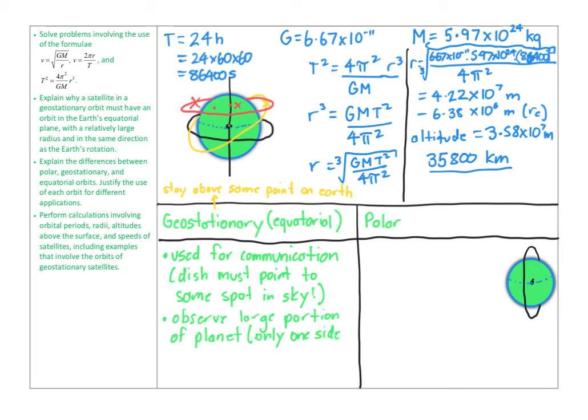One of the problems there is you only get fairly low resolution imaging due to the height. We could probably go on to more, but they're the most important things we could say about a geostationary equatorial orbit satellite.